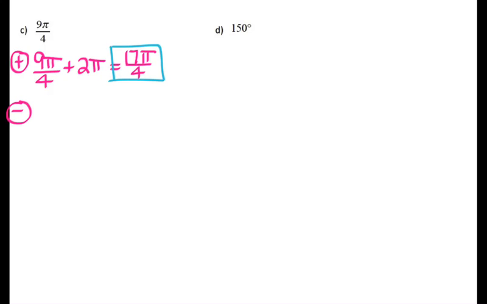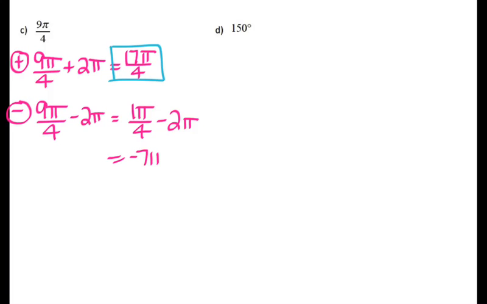For my negative coterminal angle, I'm taking 9 pi over 4 and subtracting a full rotation. So 9/4 minus 2 is 1 pi over 4. It's still positive, which means 1 pi over 4 counts as a positive coterminal angle, but we wanted a negative one, so I'm going to subtract 2 pi again, and that gives me negative 7 pi over 4.